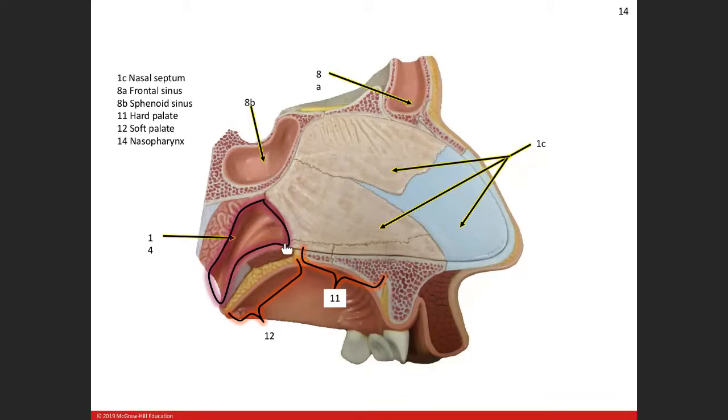As the nasal cavity starts to taper down, we're getting down into the throat. That's your nasal pharynx. Here's your hard palate right here, the roof of the mouth. And then you can see back here, we're not seeing bone anymore. This is more of a soft tissue. That's the soft palate back there on the posterior portion of the mouth.